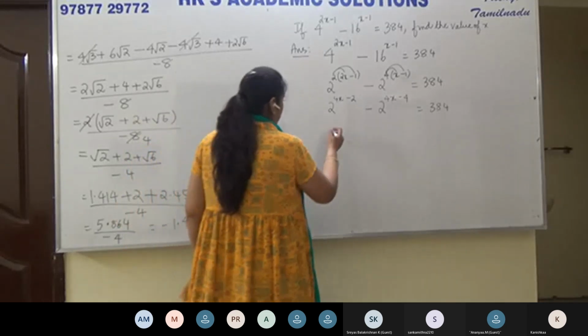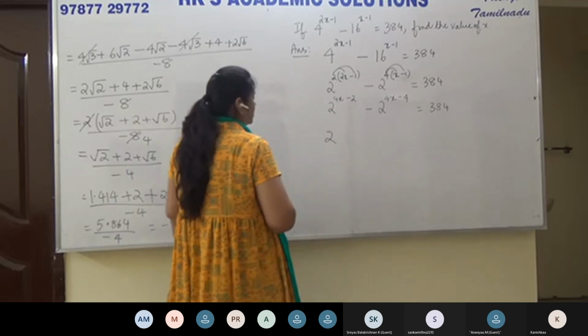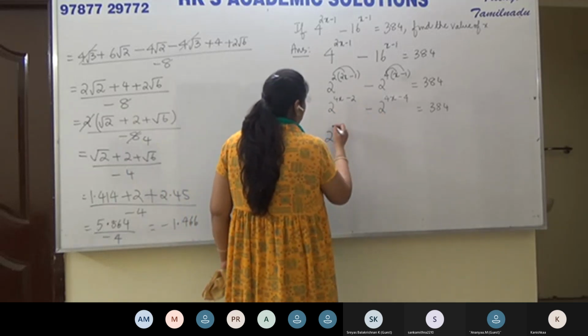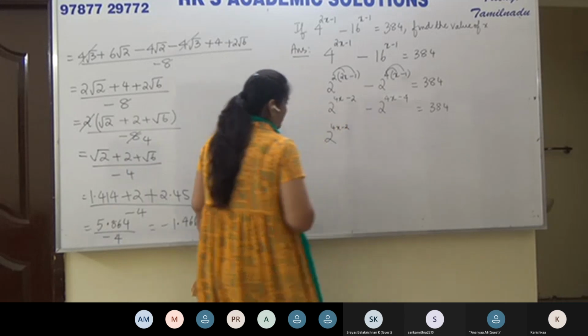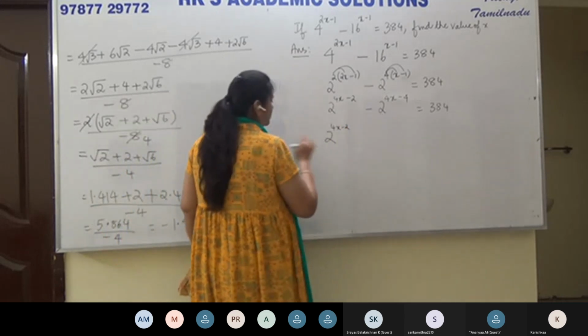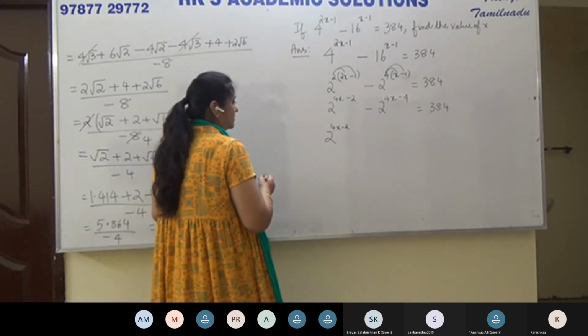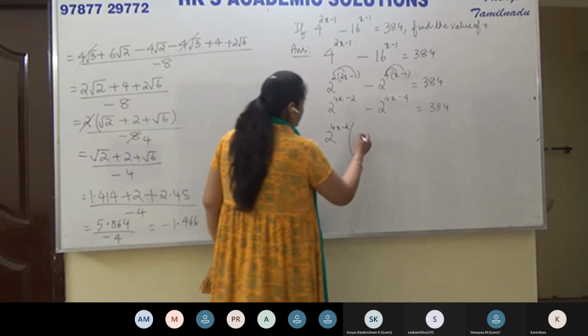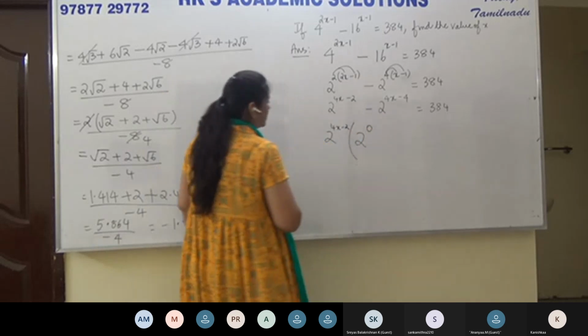Now, between these two terms in the LHS, I'm going to take out 2 to the power 4x minus 2 common. So then in the bracket, I'm going to write 2 to the power 0.